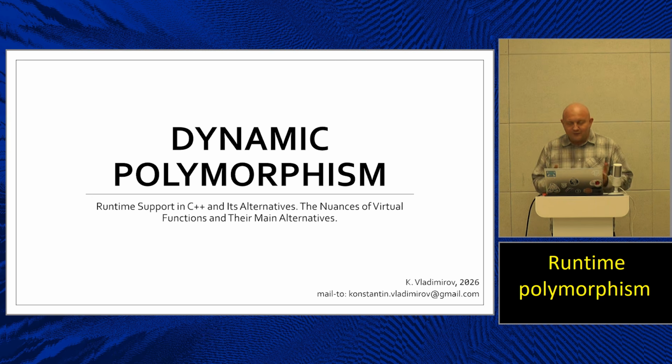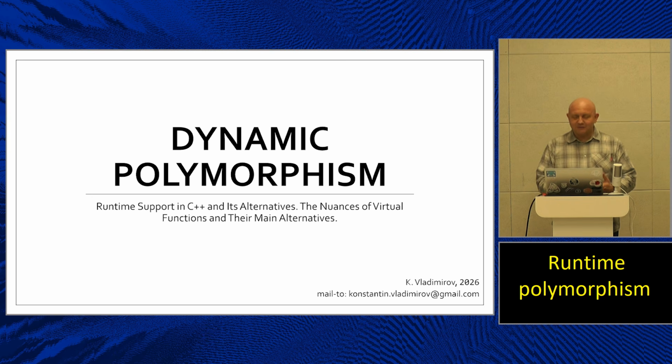And of course, the majority answer here will be static polymorphism. That's our default. It's resolved at compile time. There's no runtime dispatch, and it usually gives better performance. So then the question is, why do we even need dynamic polymorphism? If templates are so powerful, what remains uncovered?